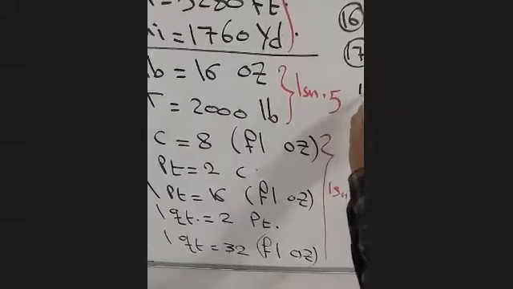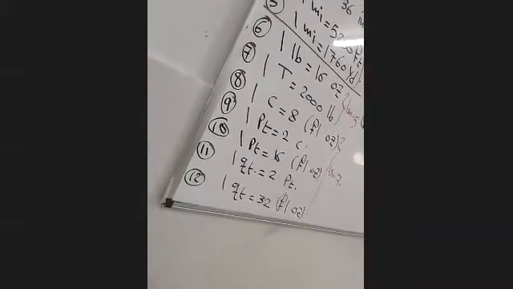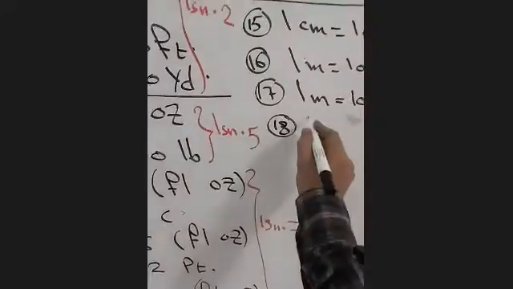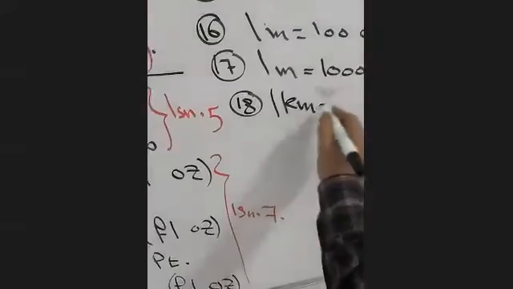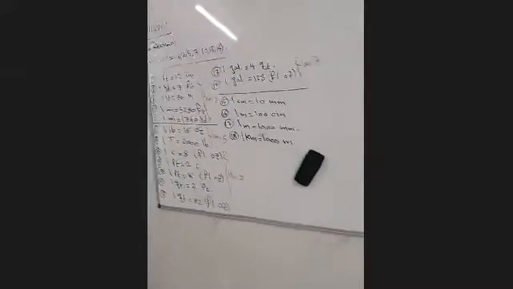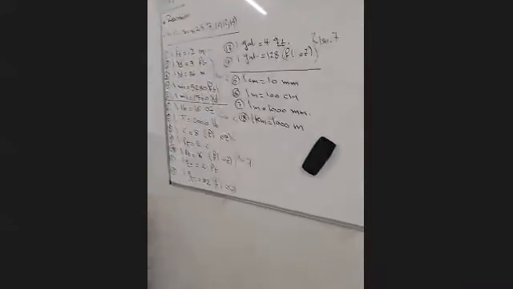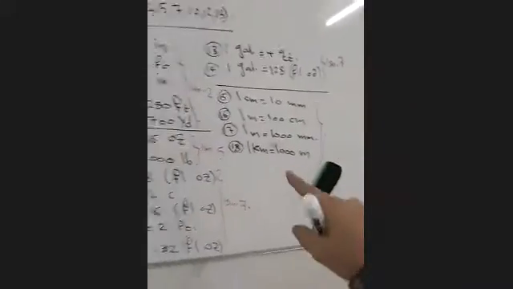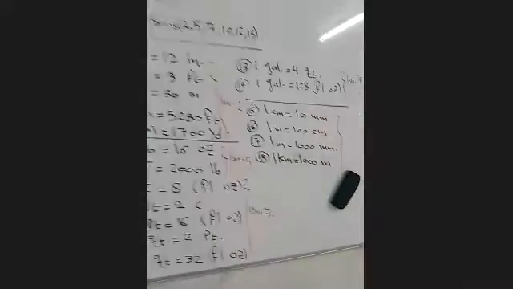Number 18, 1 kilometer equals 1,000 meters. These four, for which lesson? Lesson 10.